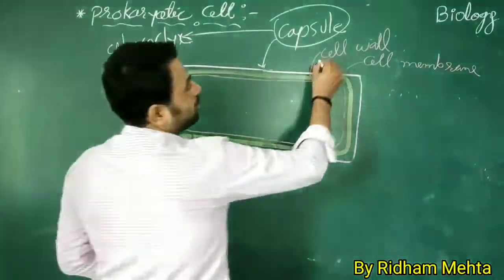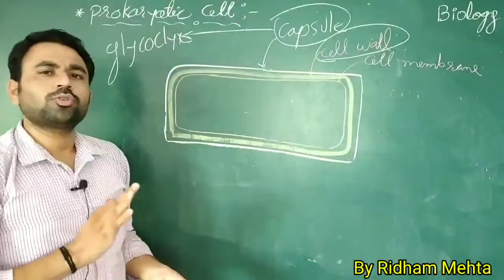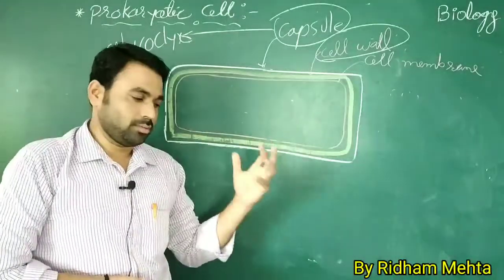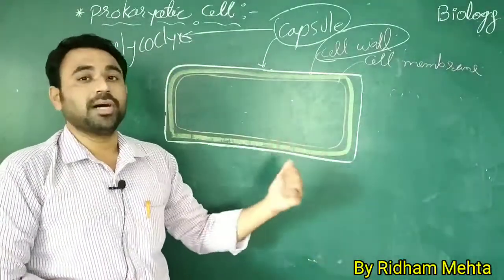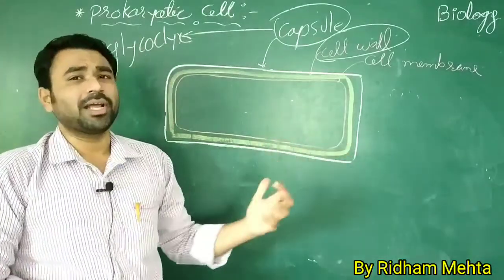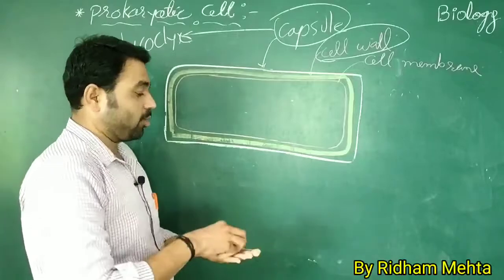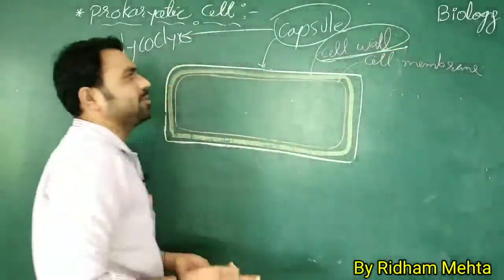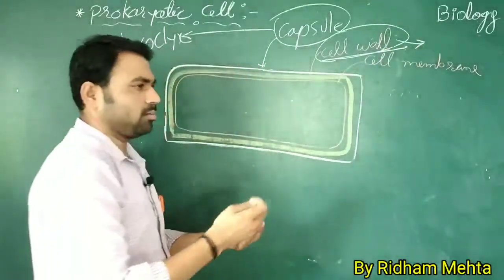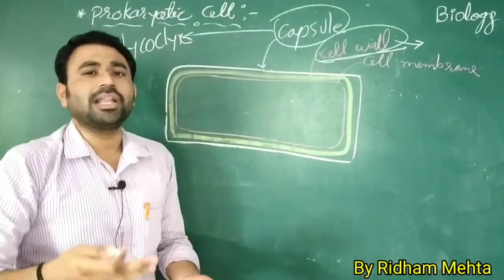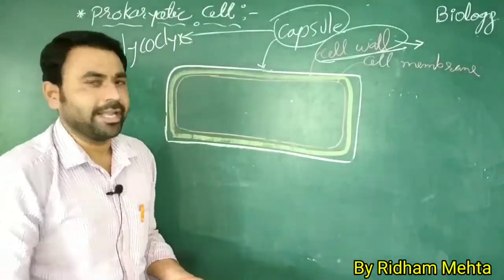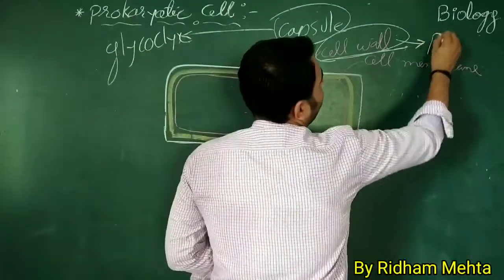Then cell wall. Generally, most bacteria have a cell wall, but there are a few exceptions like mycoplasma. Previously, I read this name, mycoplasma. So mycoplasma doesn't have any cell wall, but mostly bacteria have a cell wall, and the cell wall is made up of glycoprotein like peptidoglycan.